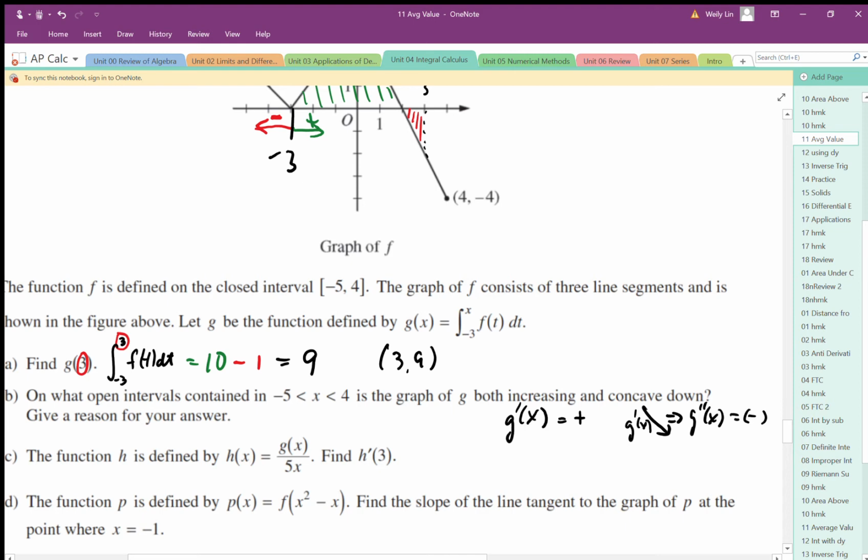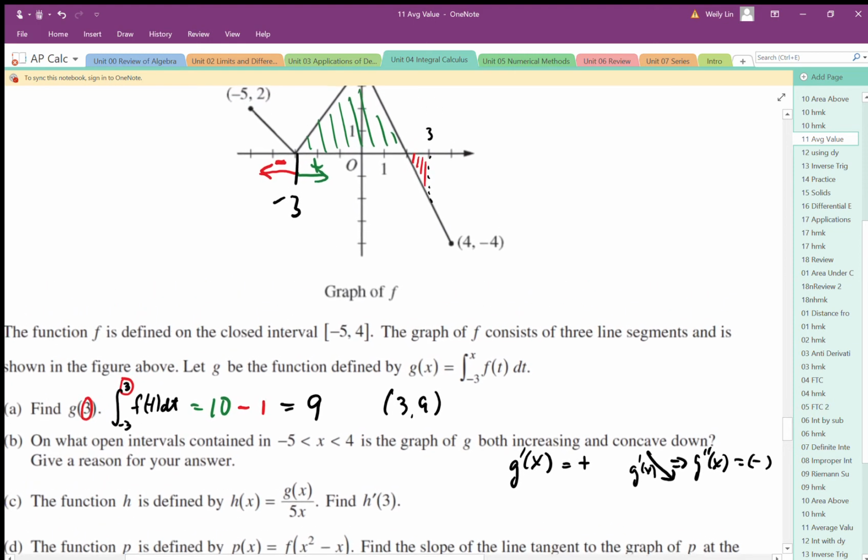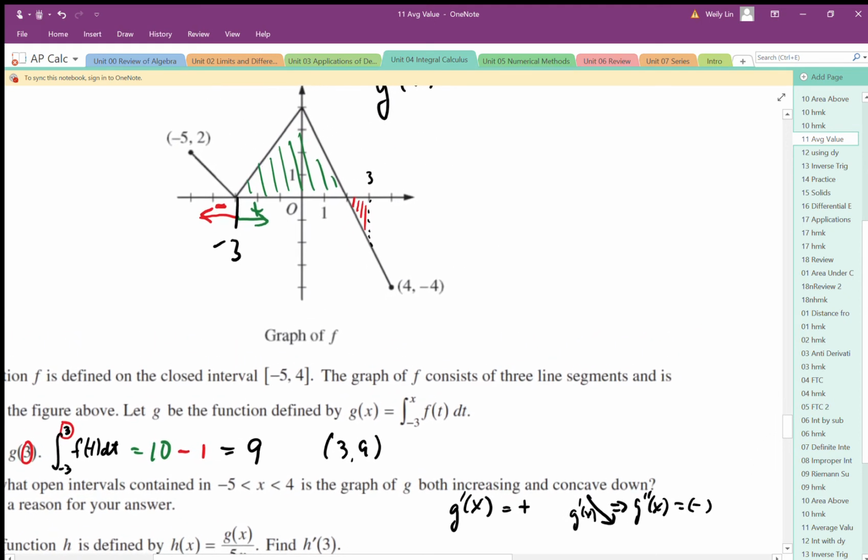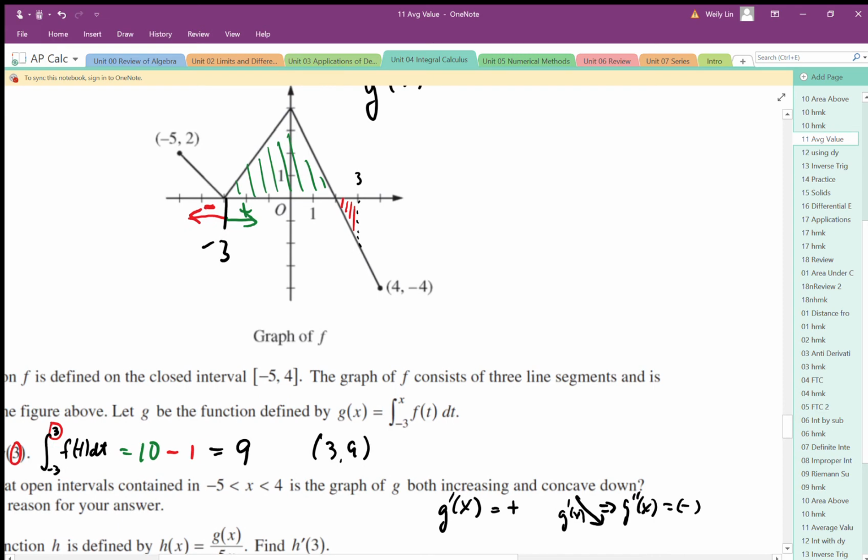So I want to know where the g prime graph, the f graph, is both positive and sloping down. Well, the intervals that we're looking at are here. Where it's positive and sloping down is here.